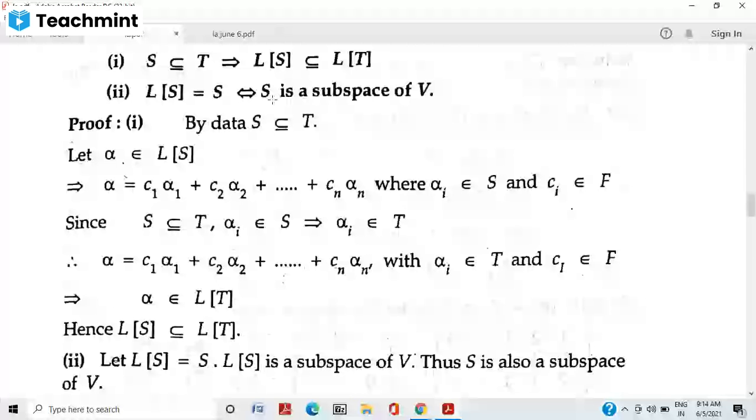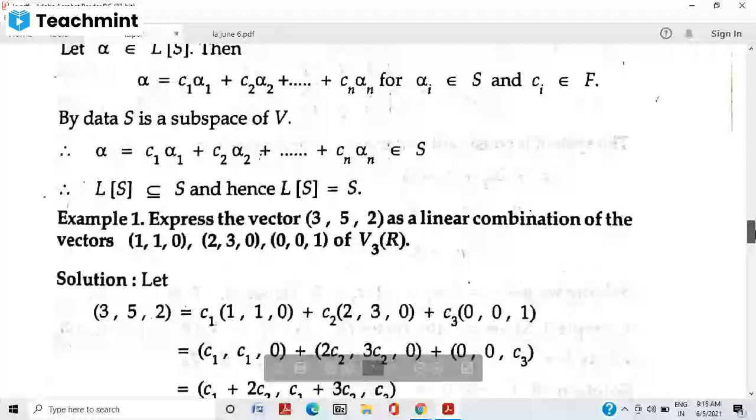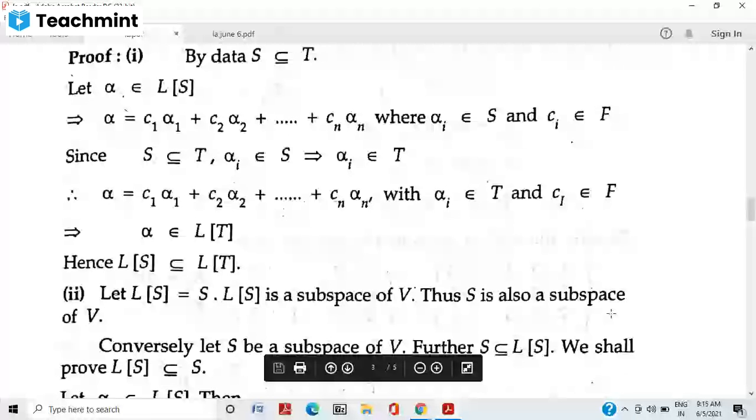Then what do we have to assume first? L of S equal to S. Then by the previous theorem, yesterday's theorem, we proved that L of S is a subspace of V. We have already proved L of S is a subspace of V. Since L of S equal to S, then L of S is a subspace of V means S is a subspace of V. Then first condition we got.